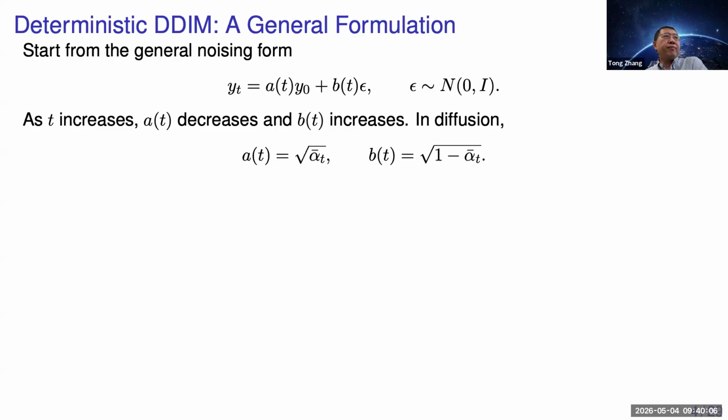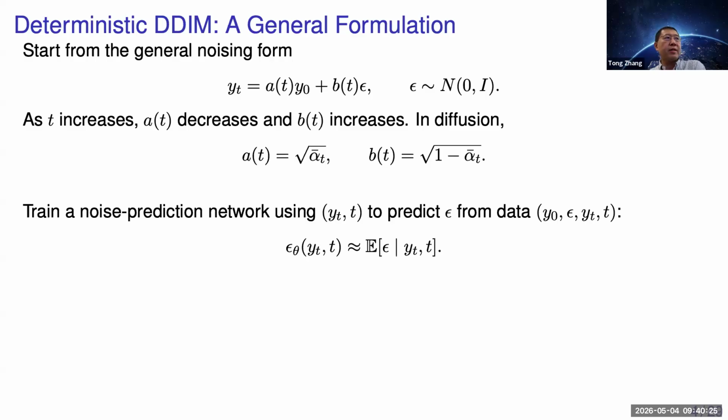So basically, in the diffusion model, you have this, right? This is actually your A and B, so that's fixed. But in flow matching, AT and BT are different. AT will be 1 minus T, BT will be T. So basically, it's a linear interpolation. We will come back to that later.